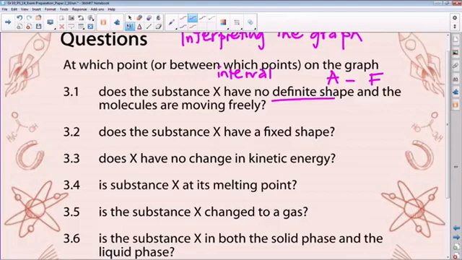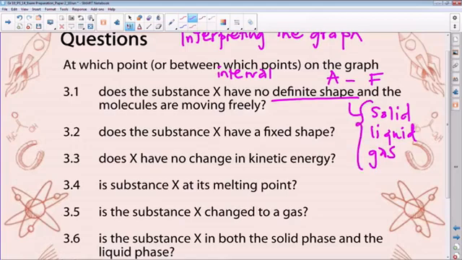This is a characteristic of a particular state of matter. We have 3 states of matter: solid, liquid, as well as gas, right? If we talk about those 3 states of matter, it's very important to understand the characteristics or properties of each.